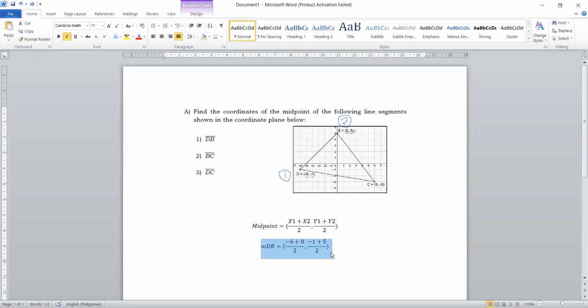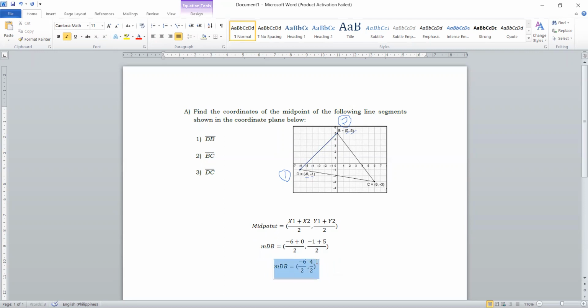Now you can simplify this one. So that's negative 6 plus 0 is, of course, negative 6. And negative 1 plus 5 is like 5 minus 1, that's 4.